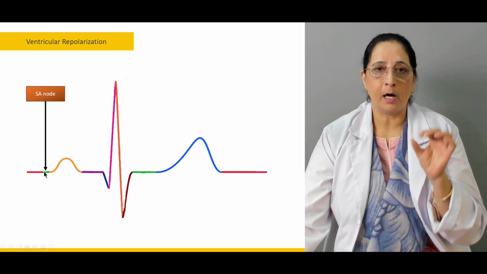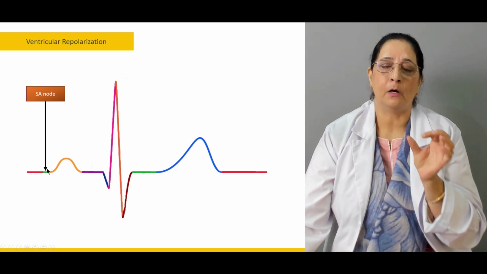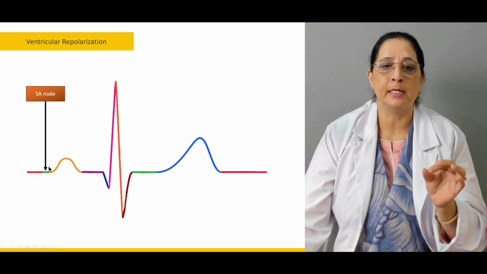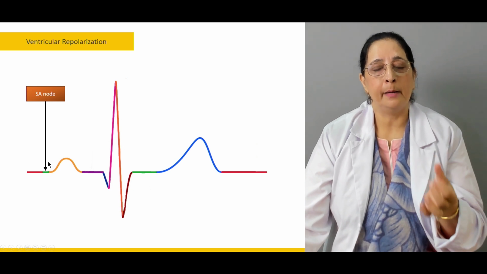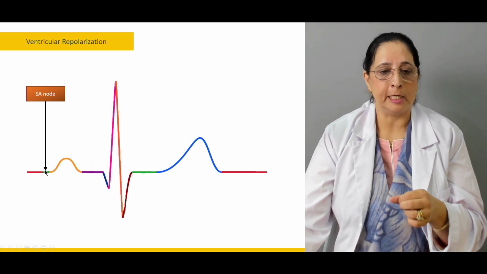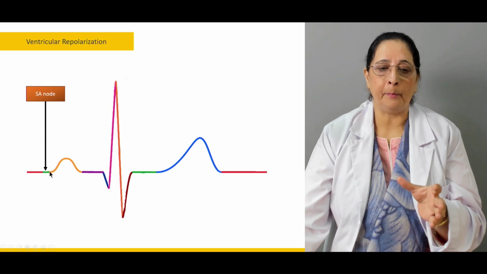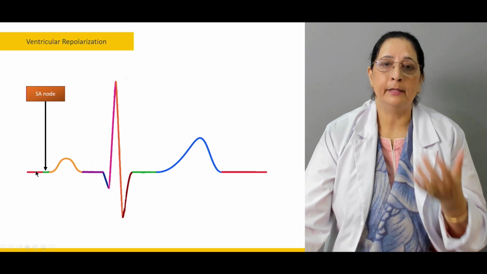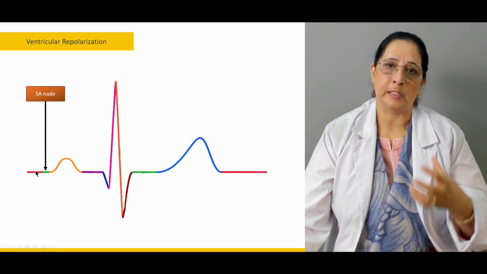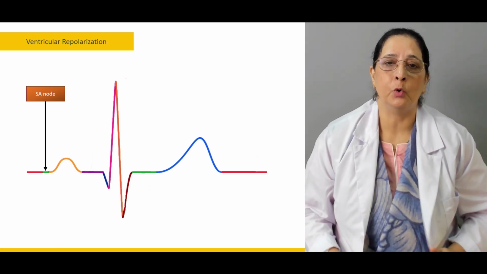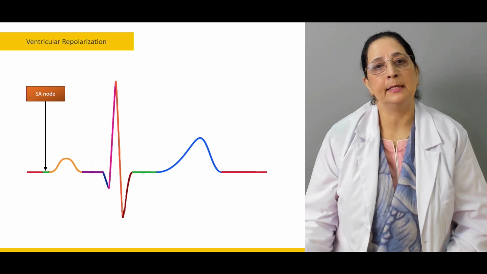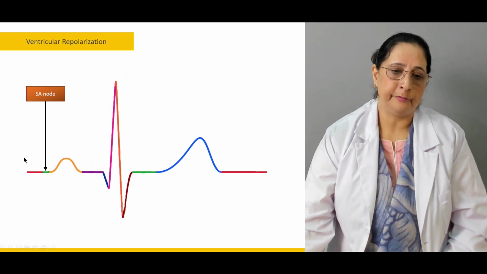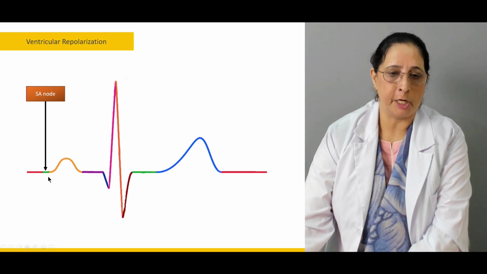So the first part of the cycle on the EKG strip is due to the impulse coming from the SA node. Any abnormality in this portion of the EKG strip, we can tell there is no impulse coming from the SA node, and there is a problem in the pacemaker of the heart.